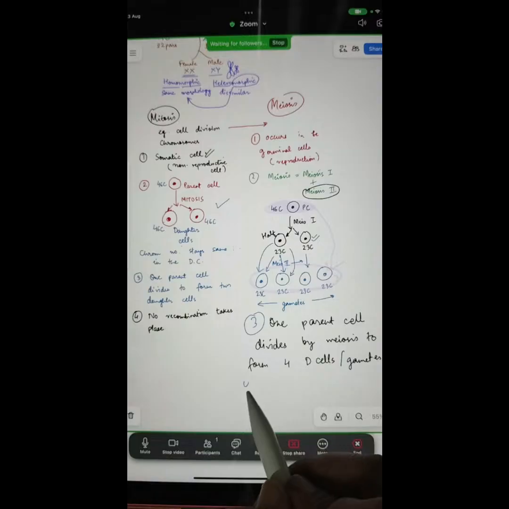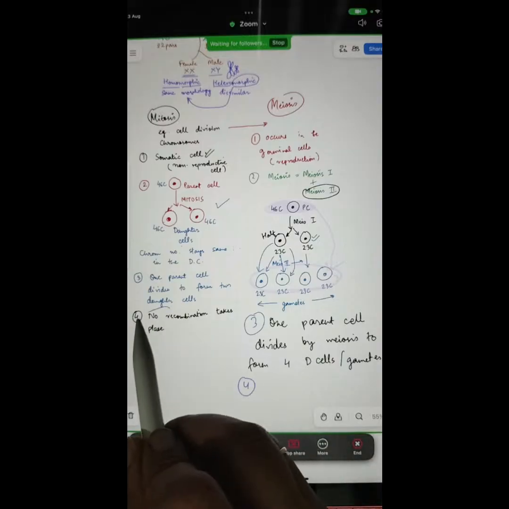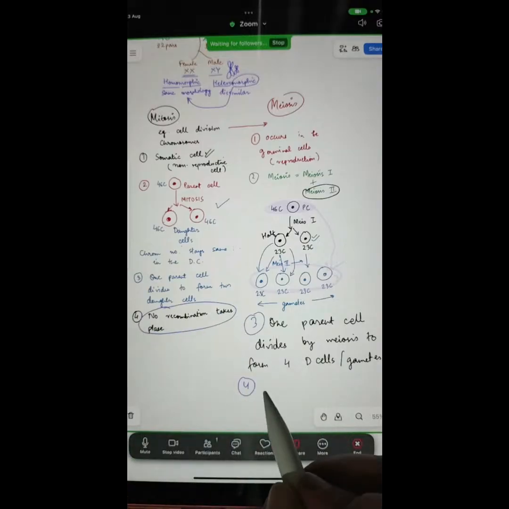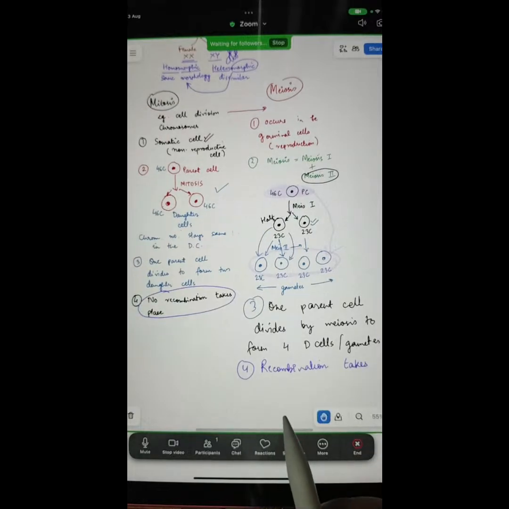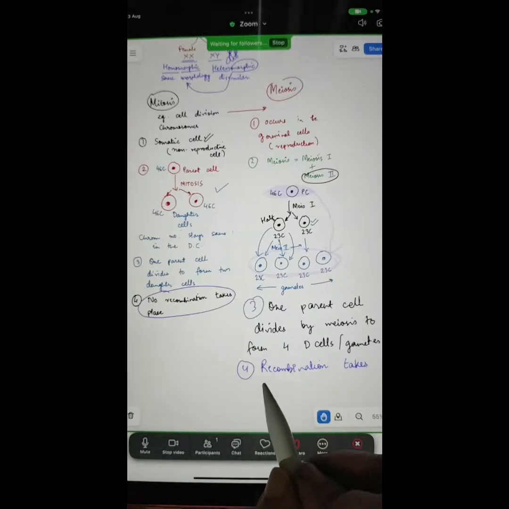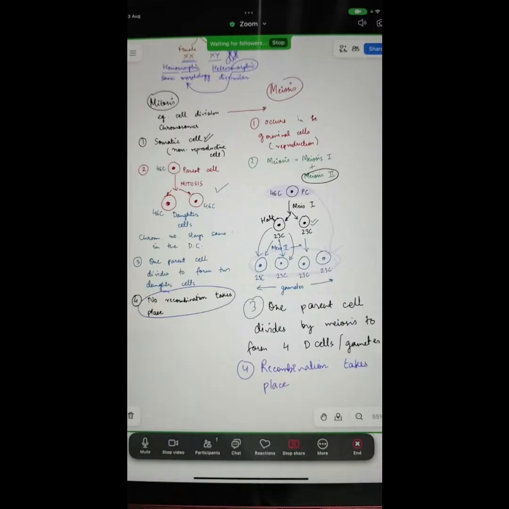Now the last point, I have written here no recombination takes place, so here the point is going to be recombination takes place. Recombination, what is it? Re means again, and combination means joining. So obviously something is going to break up and then only it is going to be joined, right? So what would be breaking down? A chromosome arm.